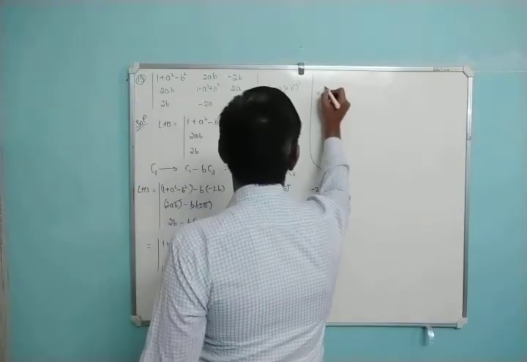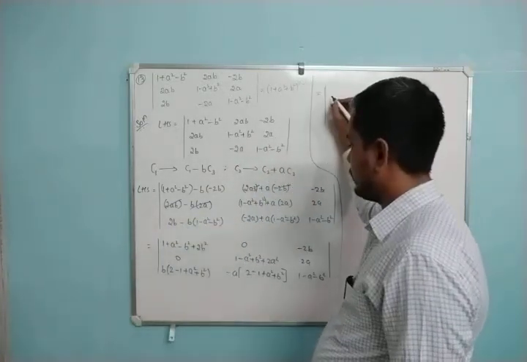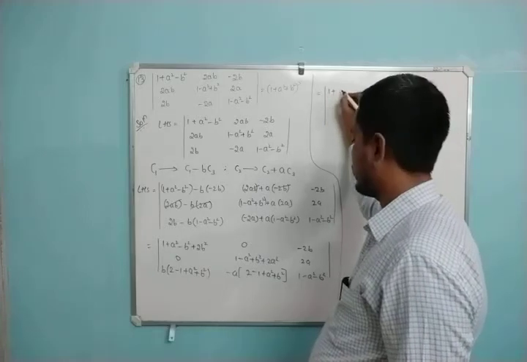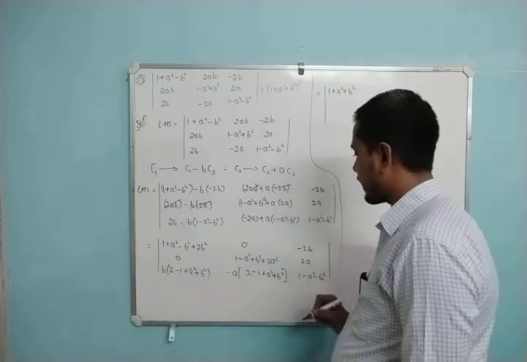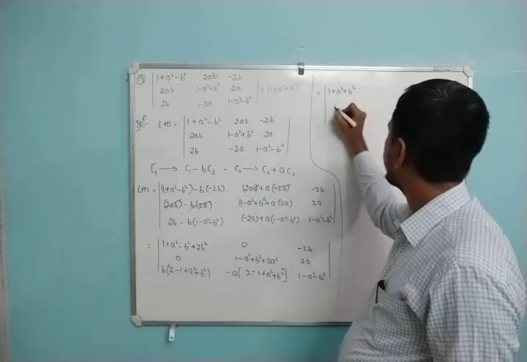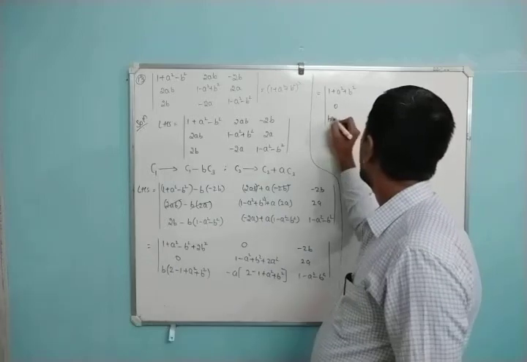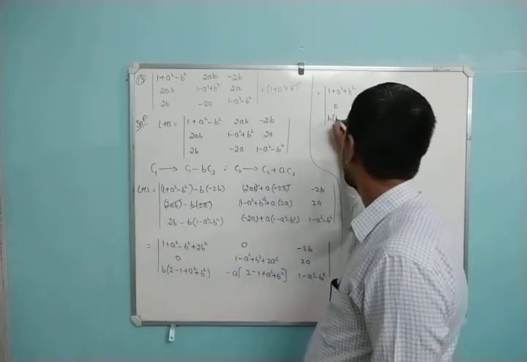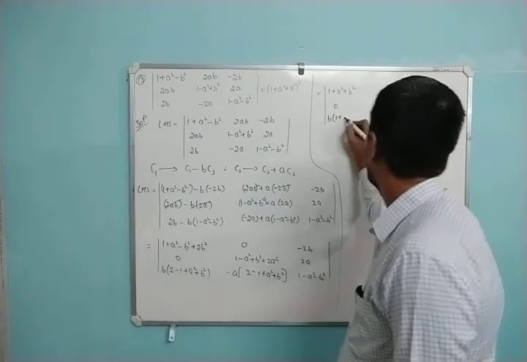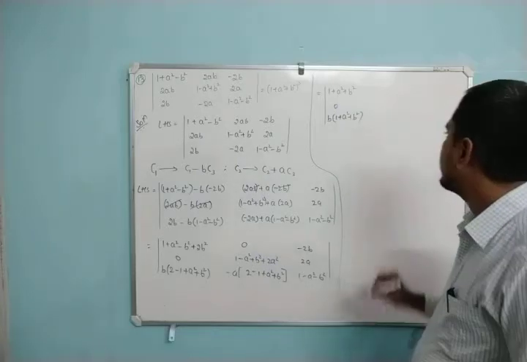So this becomes 1 plus a square plus b square, and this is 0 as it is, and here b into, if I simplify this, 2 minus 1 is 1 plus a square plus b square, right? And this is 0.